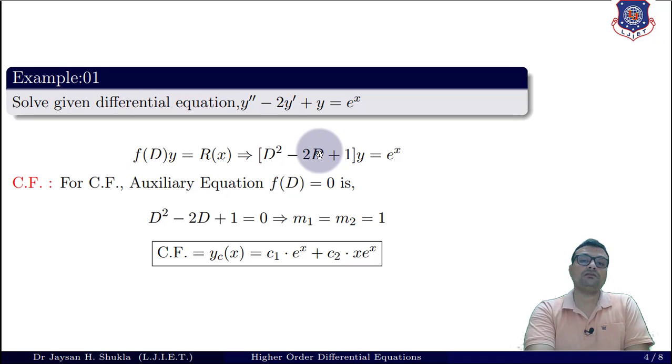So we need to take one more time derivative and we need to take multiplication of x outside. So it will give you x square into 1 upon d. And finally 1 upon d simply means integration. So integration of e raised to x is e raised to x. So again, you can verify that your answer is exactly the same, 1 by 2 x square e raised to x.